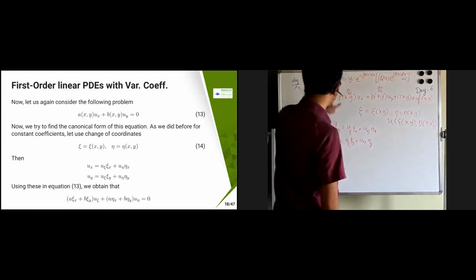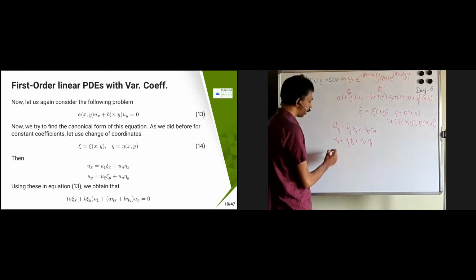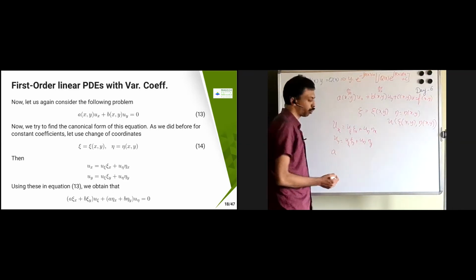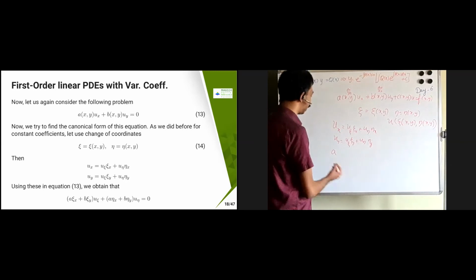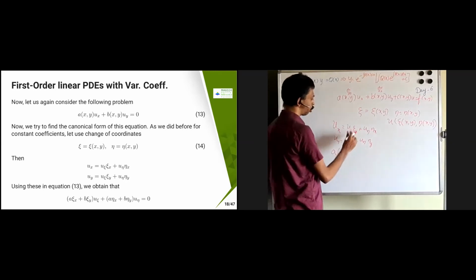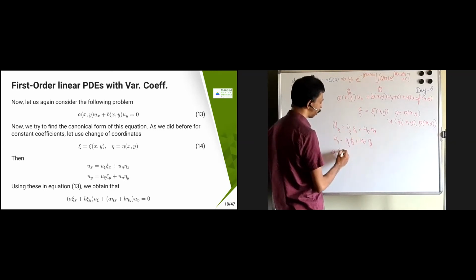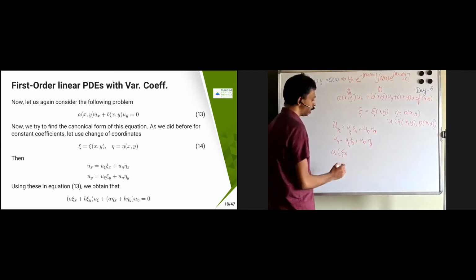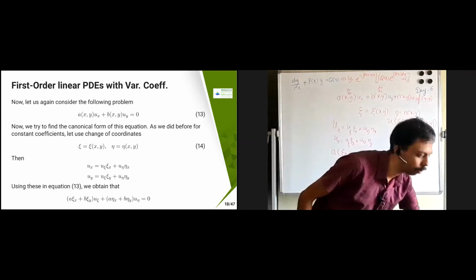If I substitute this over here, I'm just going to choose u_eta separately.